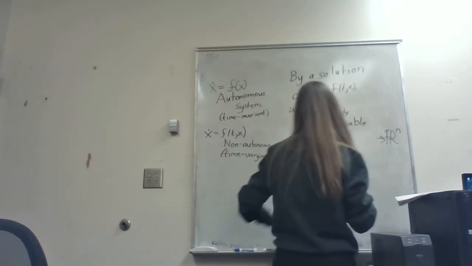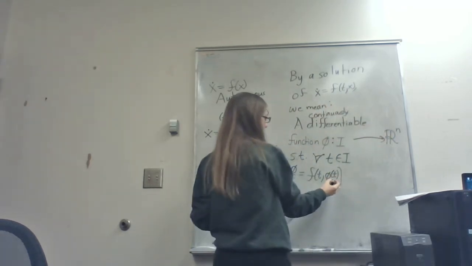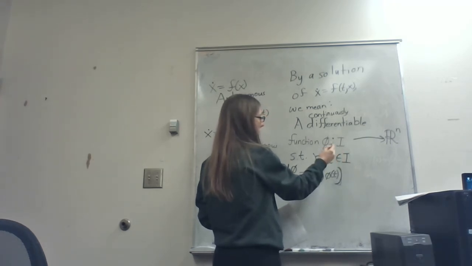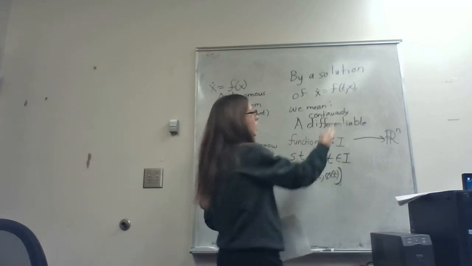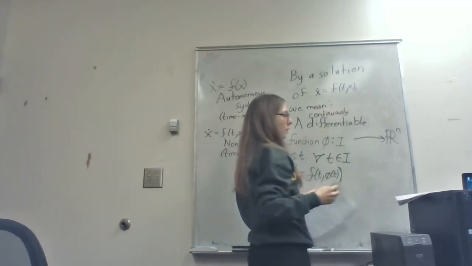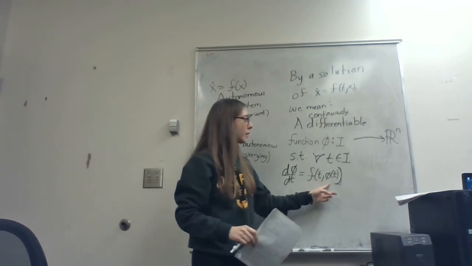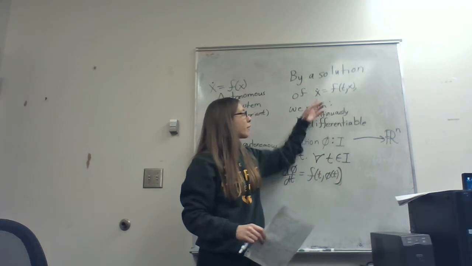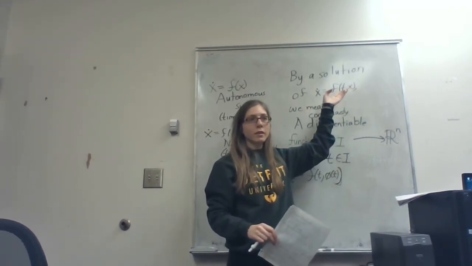I wrote here the argument of this side, but phi goes in here. This is mapping only from I to R^n, so that it takes the place of x in x dot equals f of t, x. So phi is basically the function that you could plug in for x that would cause this differential equation to get satisfied.